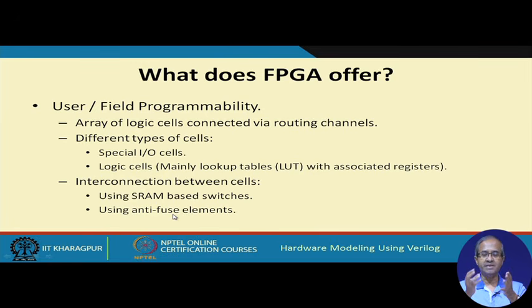Static RAM means inside there are small memories. From outside I can store some bit pattern in those memories, zeros and ones. So, if I store a 0, some switch will be open, if I store a 1, some switch will be closed. So, in that way I can program my interconnection.